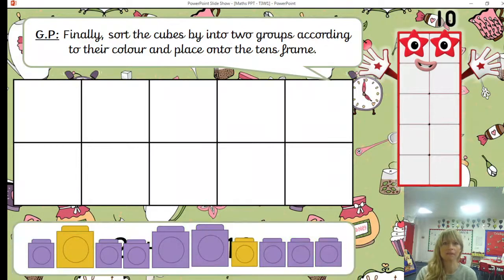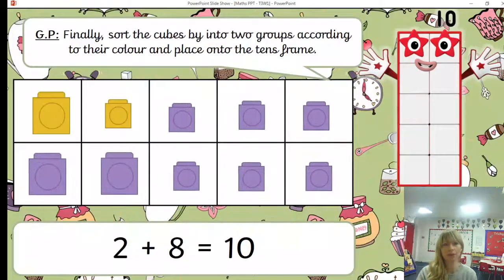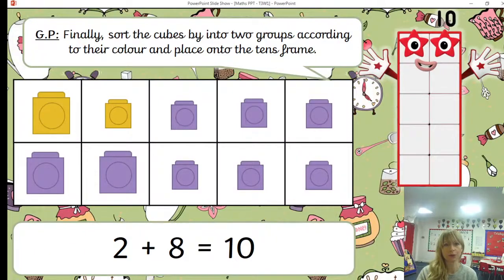Okay, finally, we're going to sort the cubes according to their colour and placing them onto the tens frame. So first, I'm going to slide across my 2 yellow cubes, and then I'm going to fill up the rest of the 10 frame with my blue cubes. Now our number sentence looks like this. We have 2 yellow cubes, so we're writing 2. Then we have our adding sign, but let's check our blue cubes.